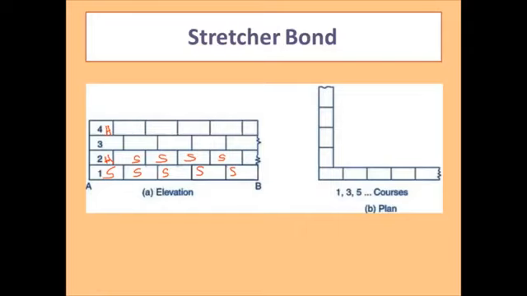Continuously we place the stretchers, and at the end we give a header. Then the third course will be similar to the first course because vertical joints of alternate courses should come in the same line. Then the fourth course should be equal to the second course. So all the odd courses will be the same and all the even courses will be the same.